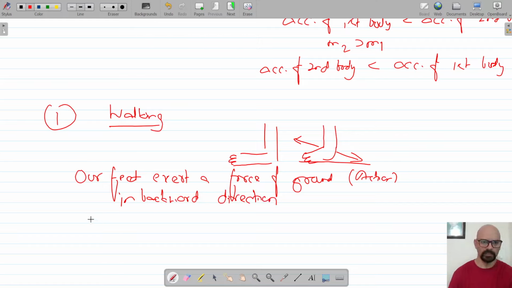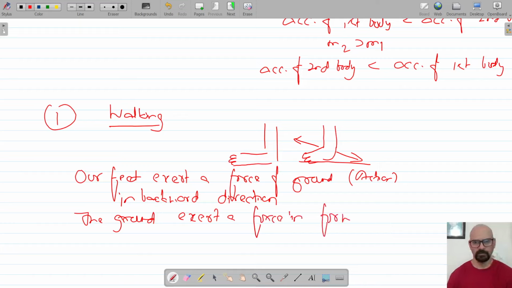Now in turn, the ground exerts a force in the forward direction, and this makes us move forward.